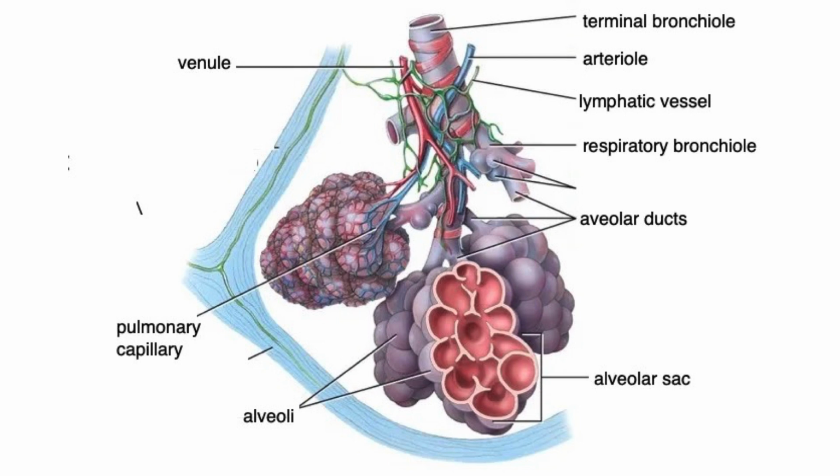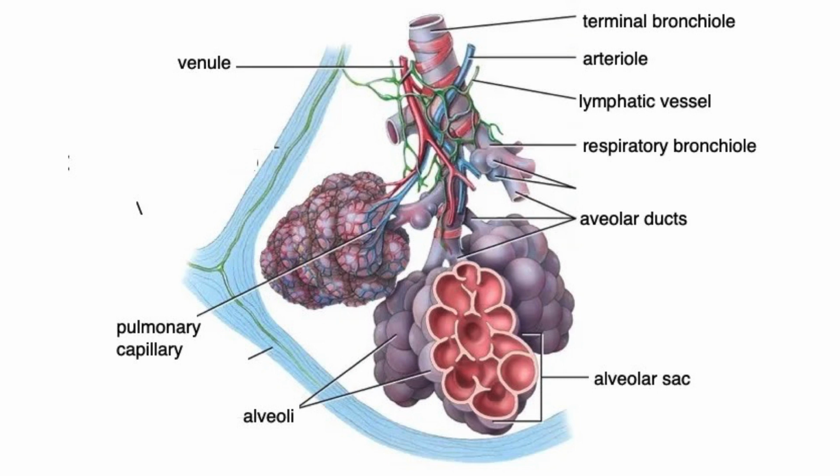And so if you want to think of this almost like a bunch of grapes, the alveolar sacs would be like a whole bunch of grapes, and then the individual grapes themselves would be the alveoli. And you can see you really have quite a bit of surface area. We're trying to get good contact between the air and the walls of the alveoli, which you can see are highly vascularized.